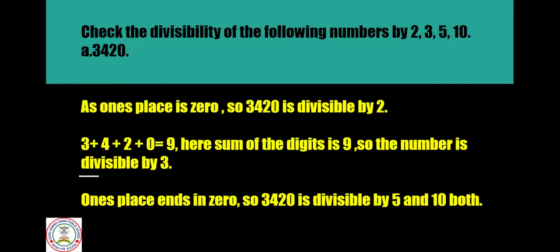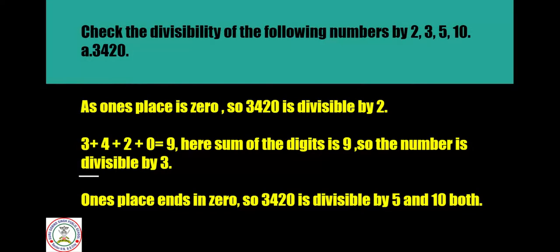As ones place is 0, the number is divisible by 2. Sum of the digits is 3 plus 4 plus 2 plus 0, which is 9. It is a multiple of 3. So this number is divisible by 3.